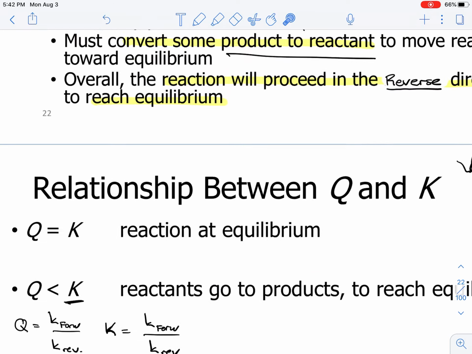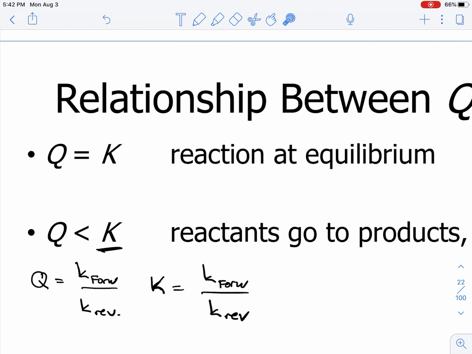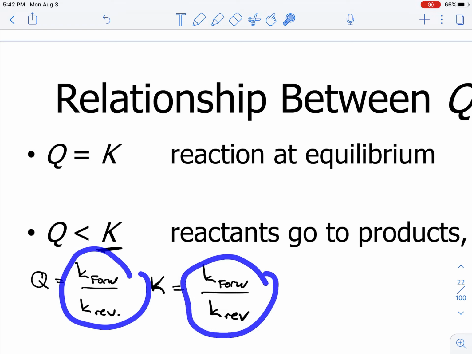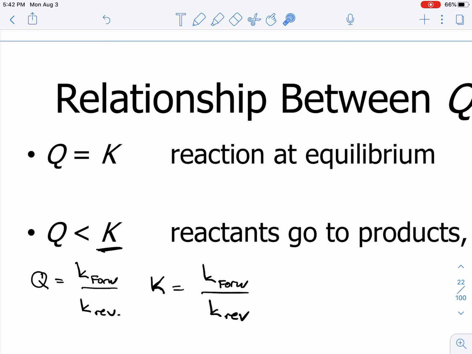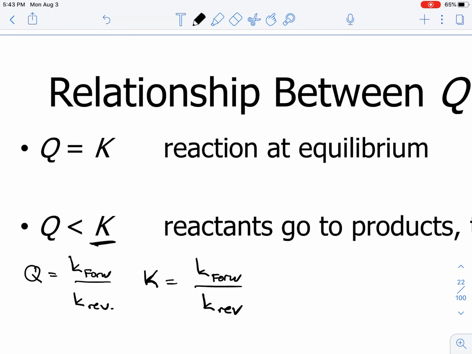For us to understand why this must be the case, we're going to visit the definition of the reaction quotient and that of the equilibrium constant. If you recall, the reaction quotient is a ratio of the two activities in the forward and reverse. Same idea with the equilibrium constant. Now, to better make sense of this, we're going to plug in just random numbers that would make this specific statement true.